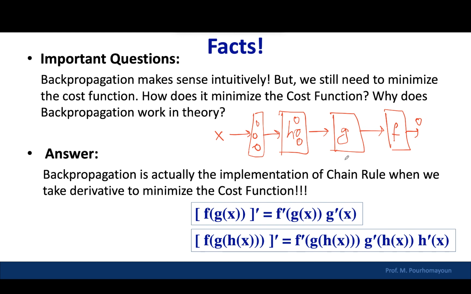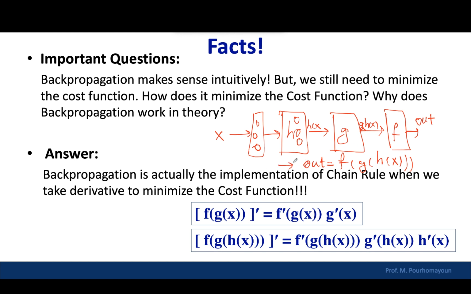This is X, this is H of X here, this is G of H of X here, and your output will be F of G of H of X. So this is your output.